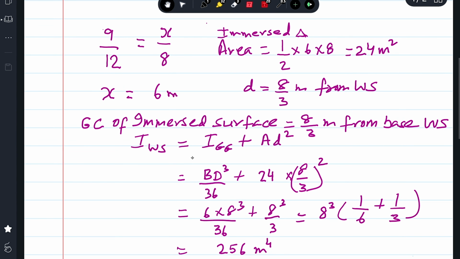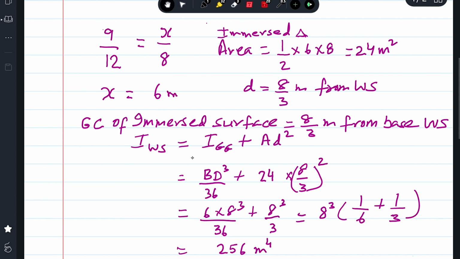The moment of inertia of a triangle about the axis passing through its centroid is b d cube upon 36. B is the base of the triangle, d is the depth, and remember this is the depth and base which is immersed in the water, not the complete triangle. Divide by 36.